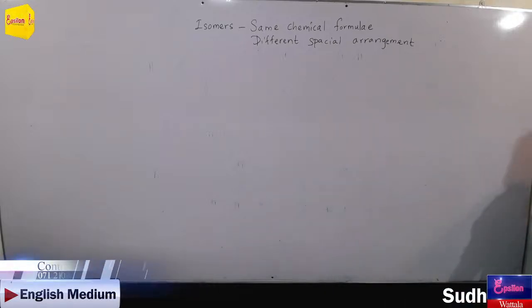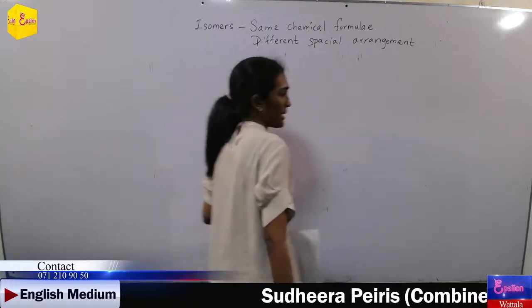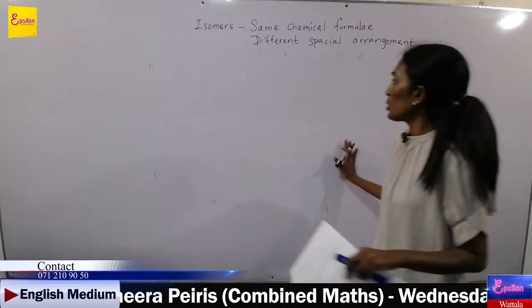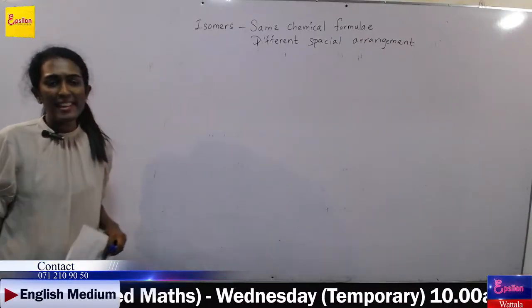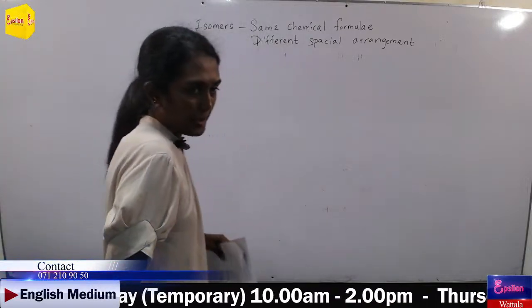So we are going to talk about cis and trans unsaturated fatty acids. Depending on the way they arrange in space, we have two types.